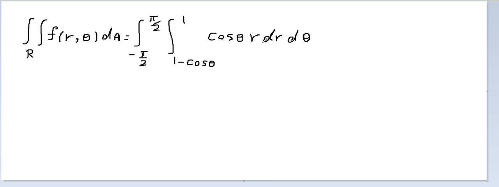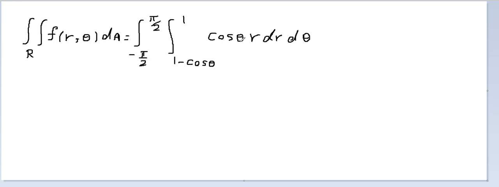Since we want to calculate with respect to r first, look at the first integral, with respect to r. So theta is just like a constant.